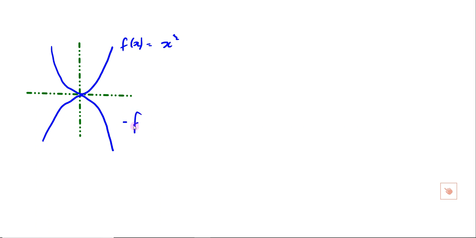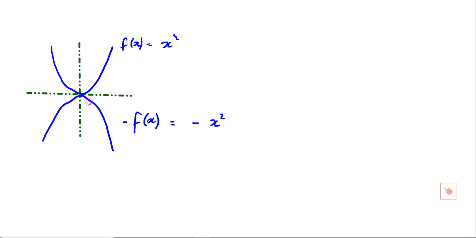We start with f of x equals x squared. I want it the other way up to start with, so first I do negative f of x, which gives negative x squared.